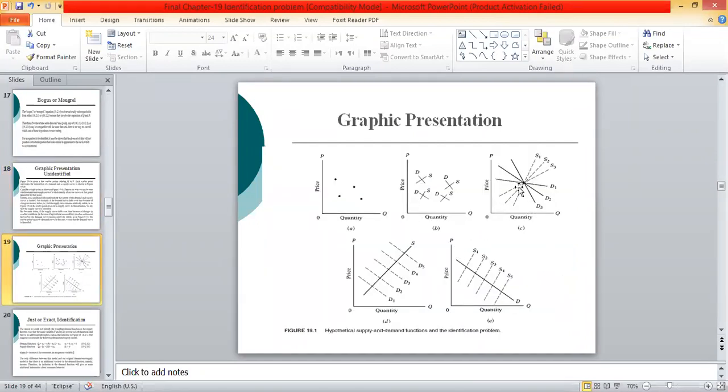Among all these demand and supply curves, which curves are responsible for these points? From which demand and supply curve in the whole family is this point being generated? We are unable to learn it.